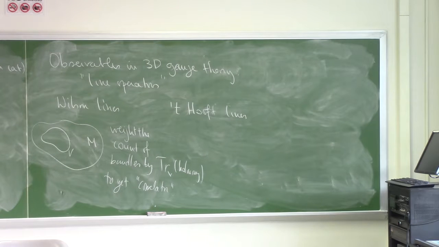If the group is abelian it depends only on the homology class of the loops, but if it's not abelian, it gets more interesting. It depends how they knot each other.